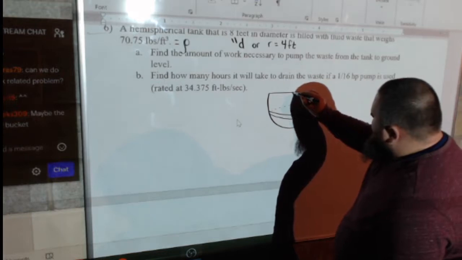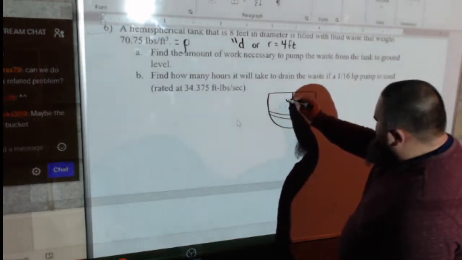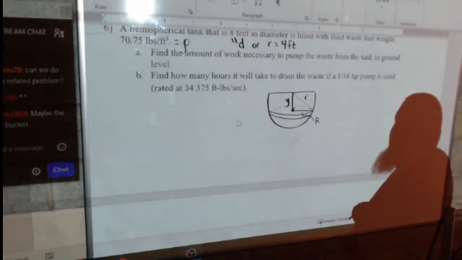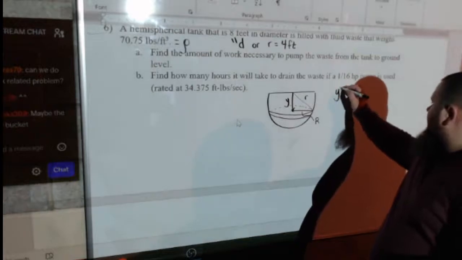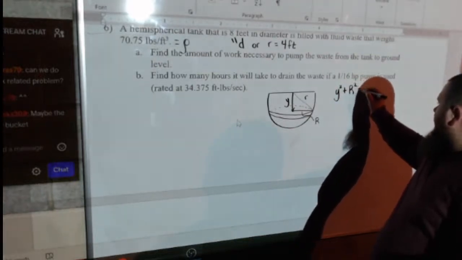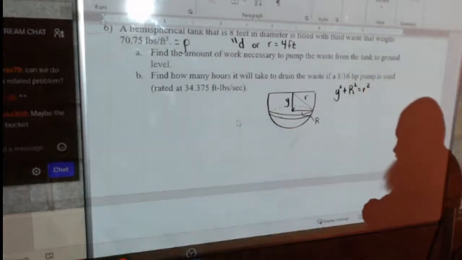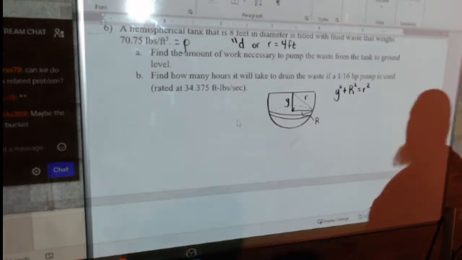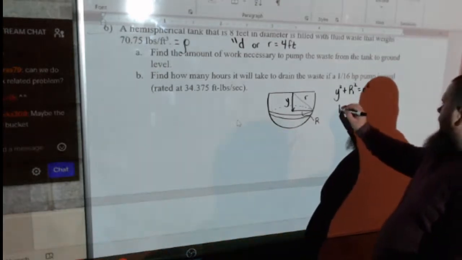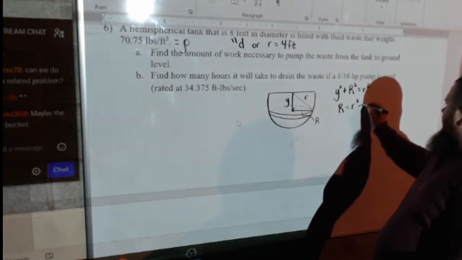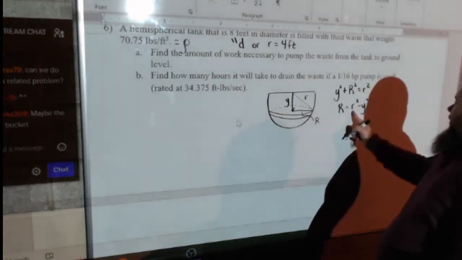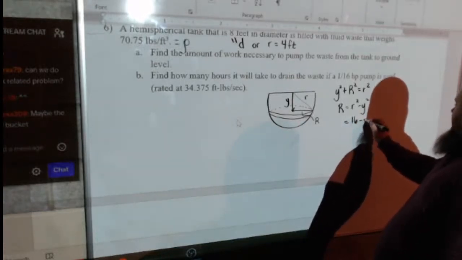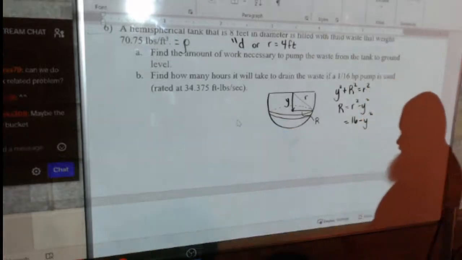And then I'm going to call the distance from the ground level down to my slice y. So Pythagorean theorem says y squared plus big R squared is little r squared. Then if I solve for big R squared, that's r squared minus y squared. Little r in this case is 4. So that's just 16 minus y squared.